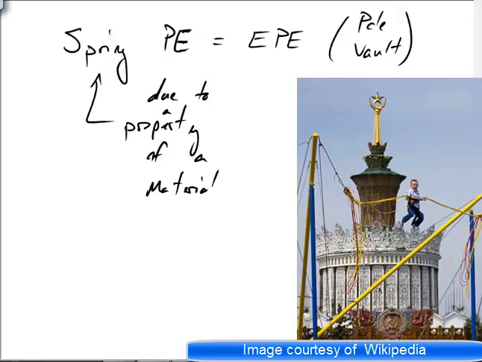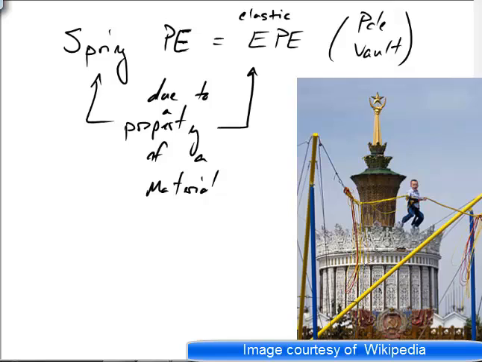And all objects, the word that I prefer over spring, of course, is elastic. And all objects have some elasticity, some ability to return to their original shape. And a spring is nice because unless you abuse the spring, it will hold its springiness.